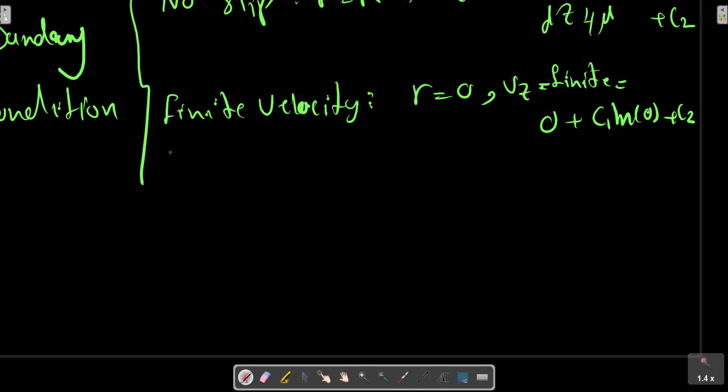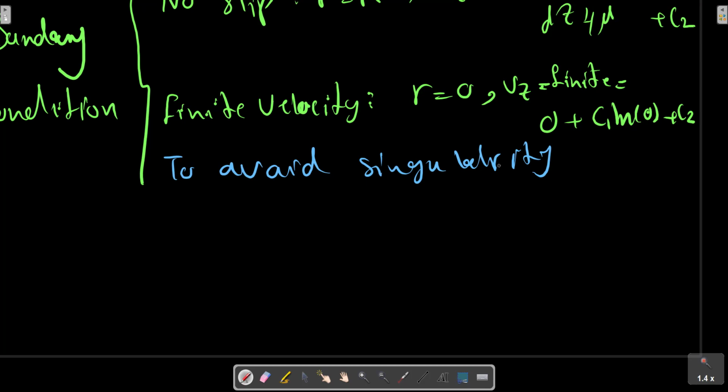So, to avoid singularity, it requires that C1 equals 0.